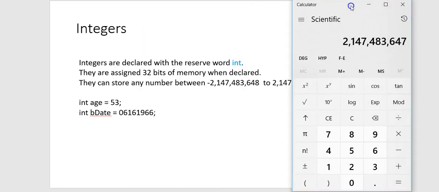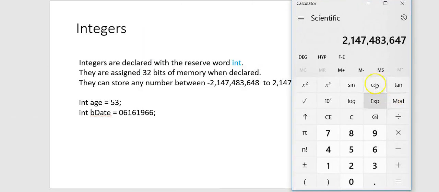I'm going to pull over a calculator here, and we're going to look at where those numbers came from. If I have binary digits making up my number, that means I'm base 2. And if I reserve 32 bits for that, that means if I raise that base 2 to the 32nd power, that's going to give me that many combinations, a little bit over 4 billion.